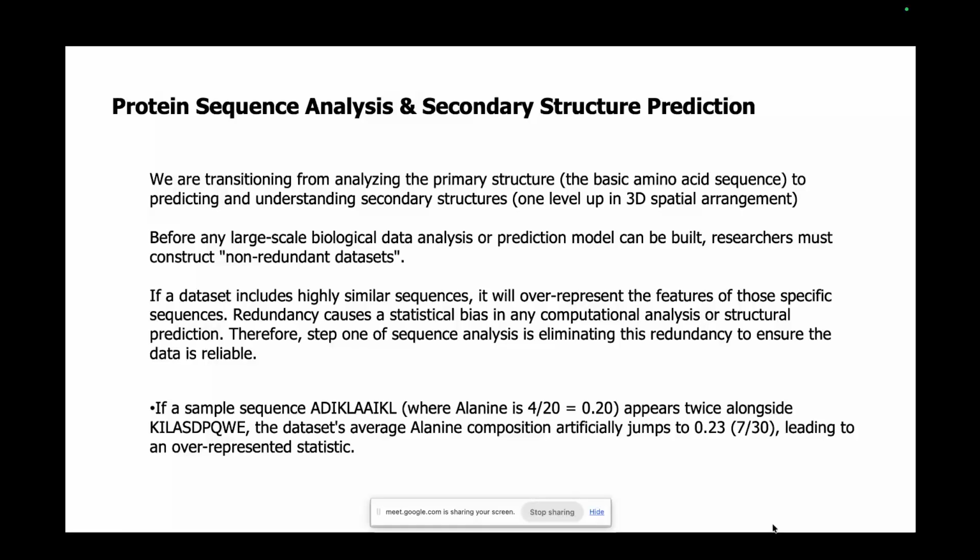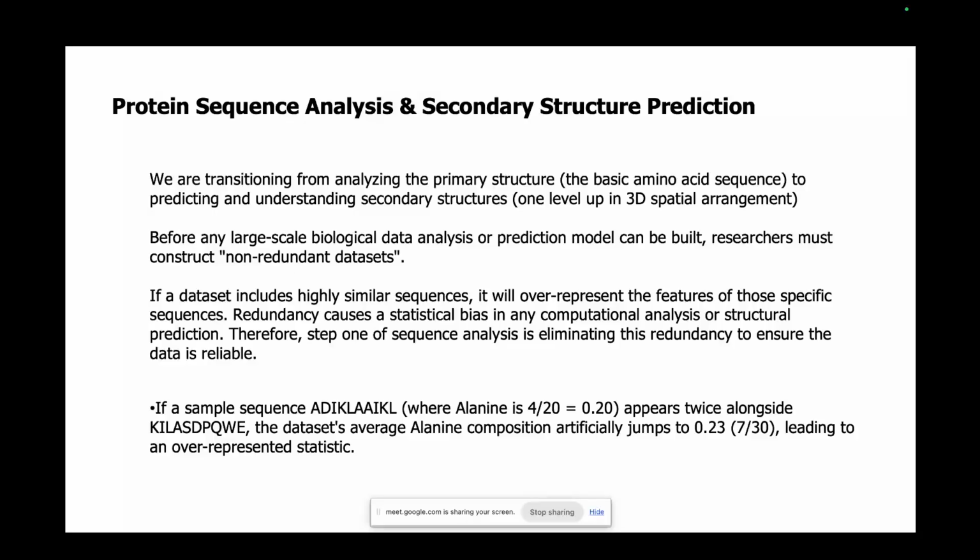Therefore, it is important. One example: suppose you have a protein sequence where alanine is present 4 times out of 20 total amino acids, so a frequency of 0.2, and that sequence appears twice in the data set. Then the data set's average alanine composition jumps to 0.23 instead of 0.2, right? So artificially, the frequency of a particular amino acid can be increased if you do not have non-redundant data sets.